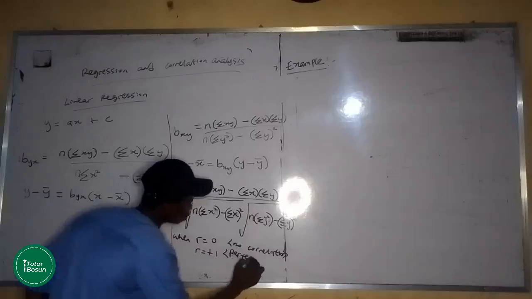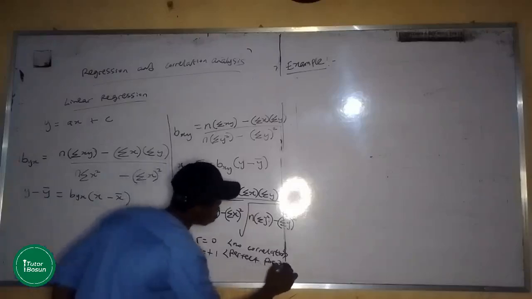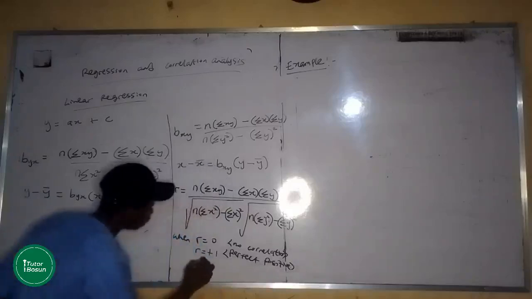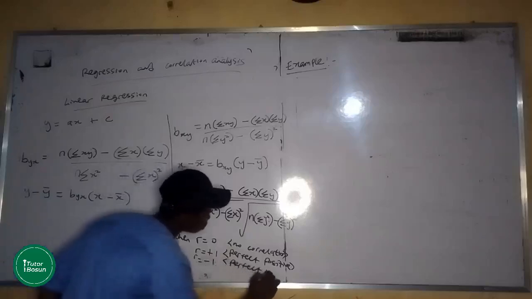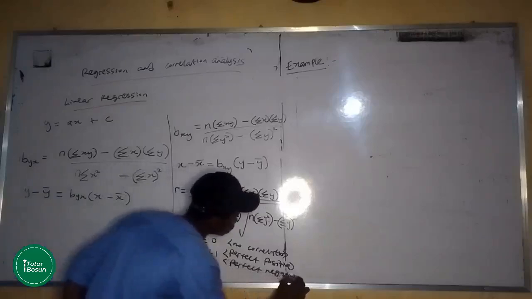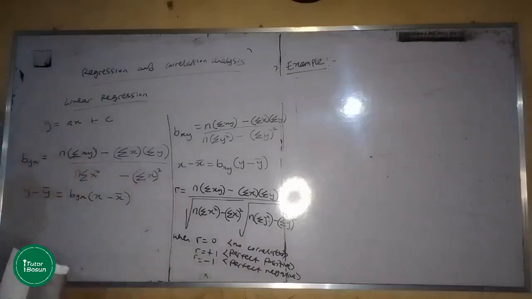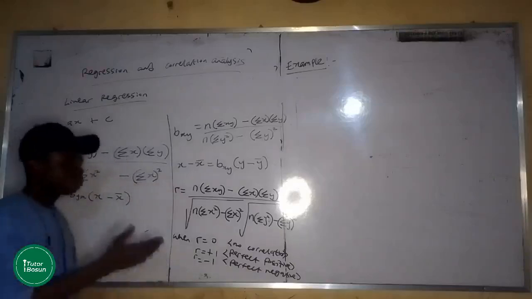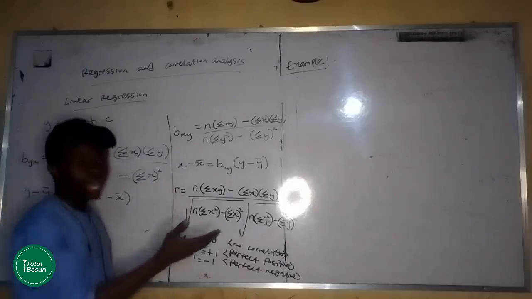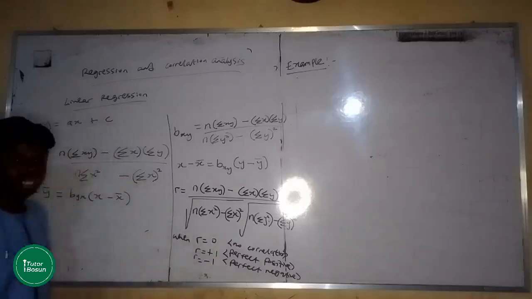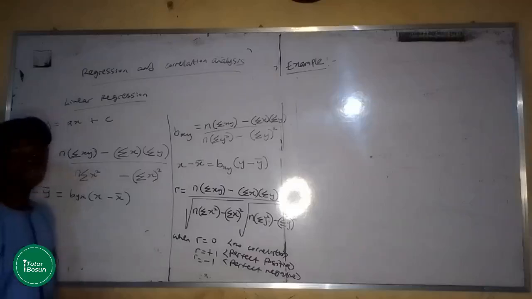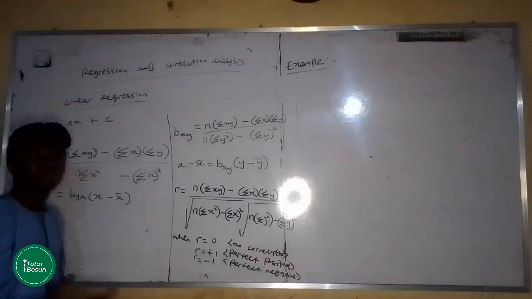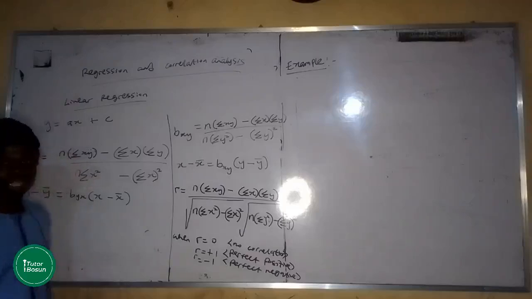If it is minus 1, that's perfect negative. If R is approaching 0, that's a weak correlation. But if R is approaching +1, that is a strong positive. And if R is approaching -1, that's a strong negative.